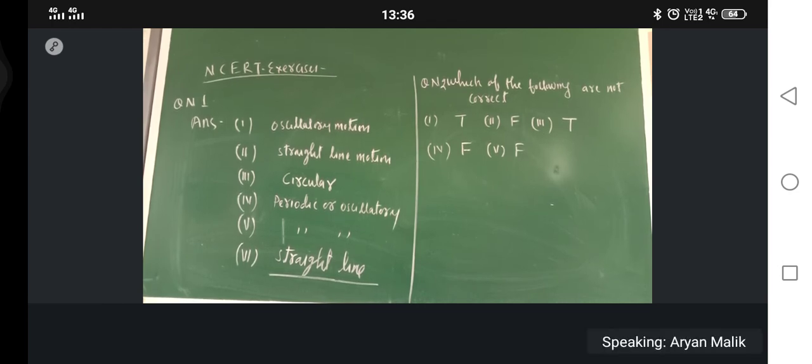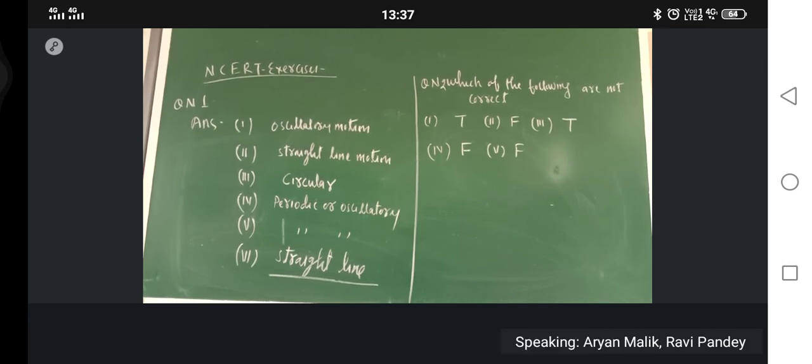The time period of a given pendulum is not constant. Yes, the time period of a given pendulum is constant, and here it is written it is not constant. So it is false, na?